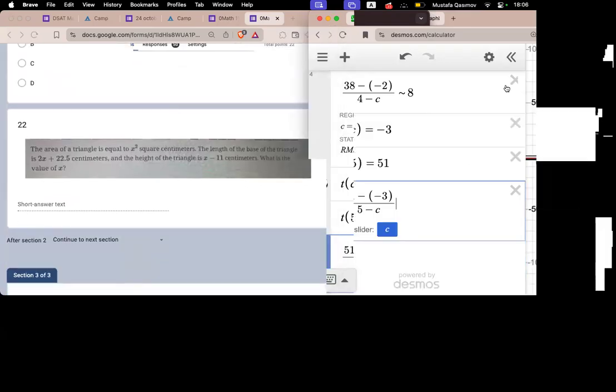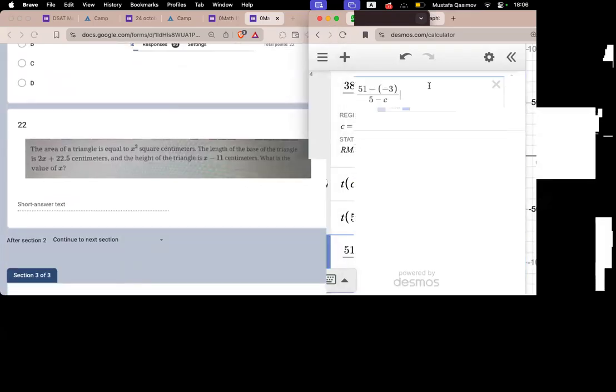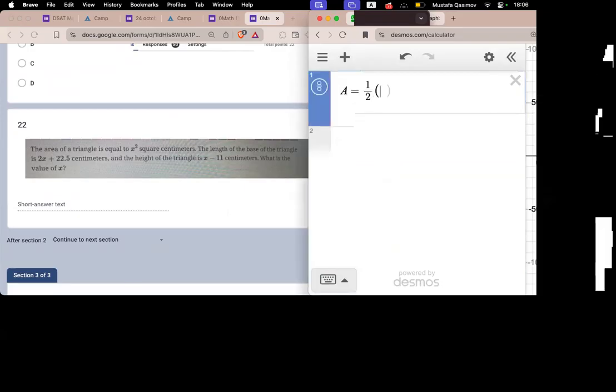22. Area is equal to 1 over 2 multiplied by base multiplied by height. Then we can write it like that.